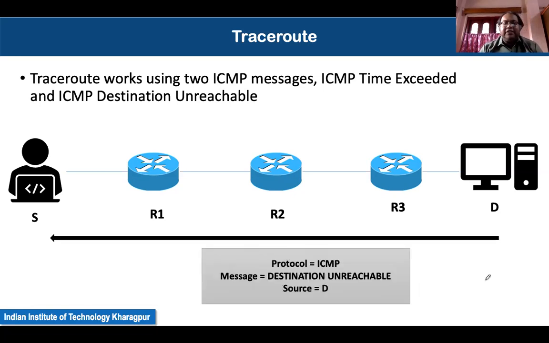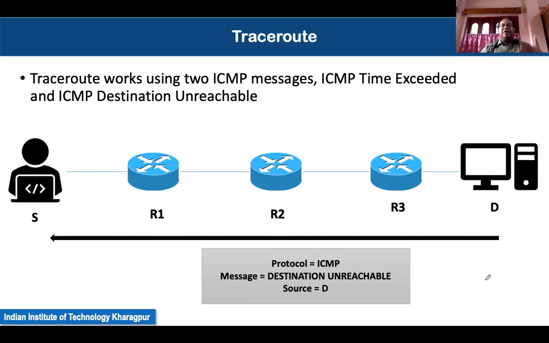So D will send an ICMP message, destination unreachable. From this destination unreachable message, S knows that I have reached D, because the application was not running at the targeted port. So I have reached D in 4 hops.